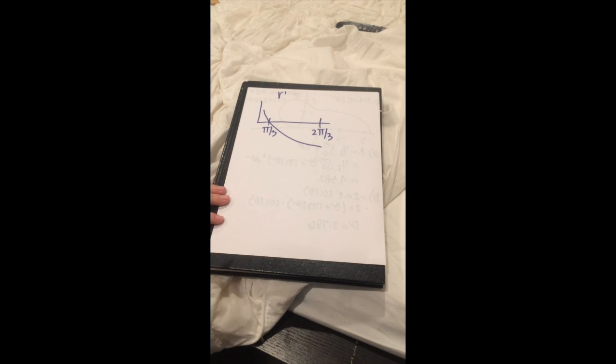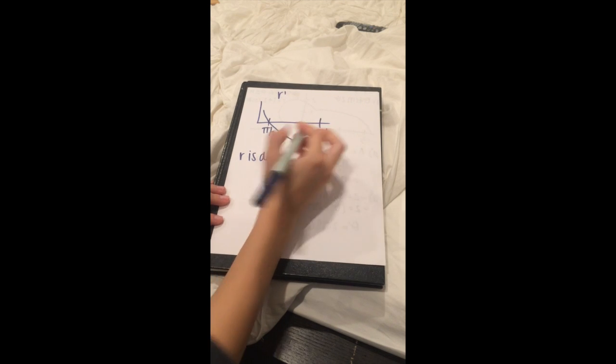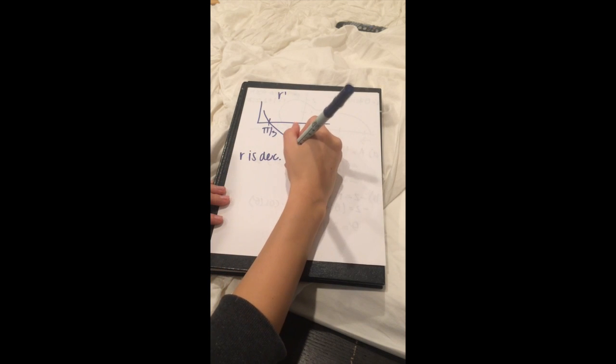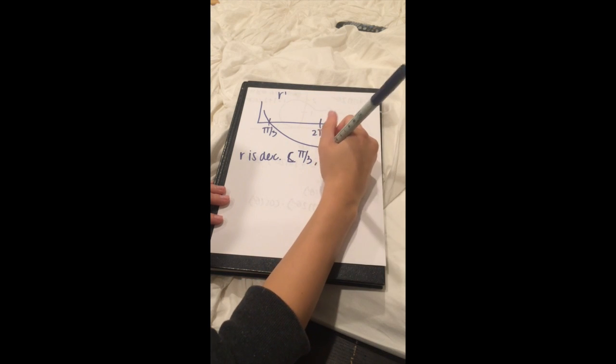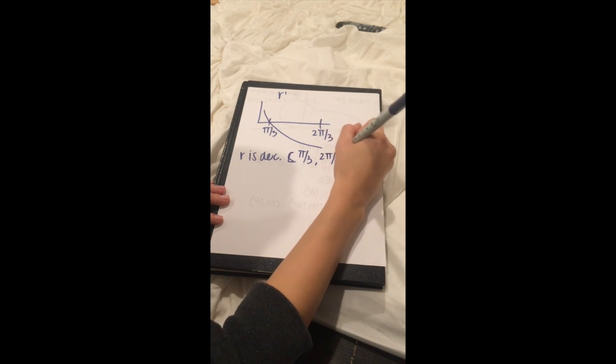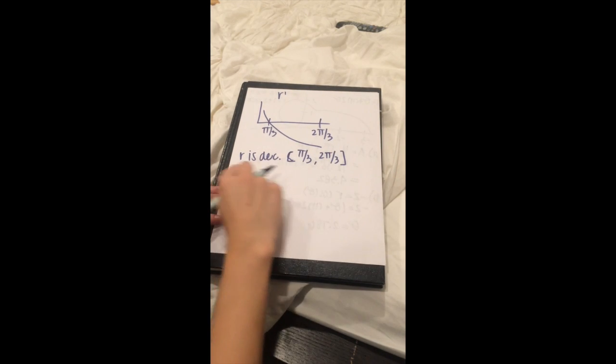So for us, this means that r is decreasing in between pi divided by 3 and 2 pi divided by 3. This also means that our curve is getting closer to the origin for our graph of r.